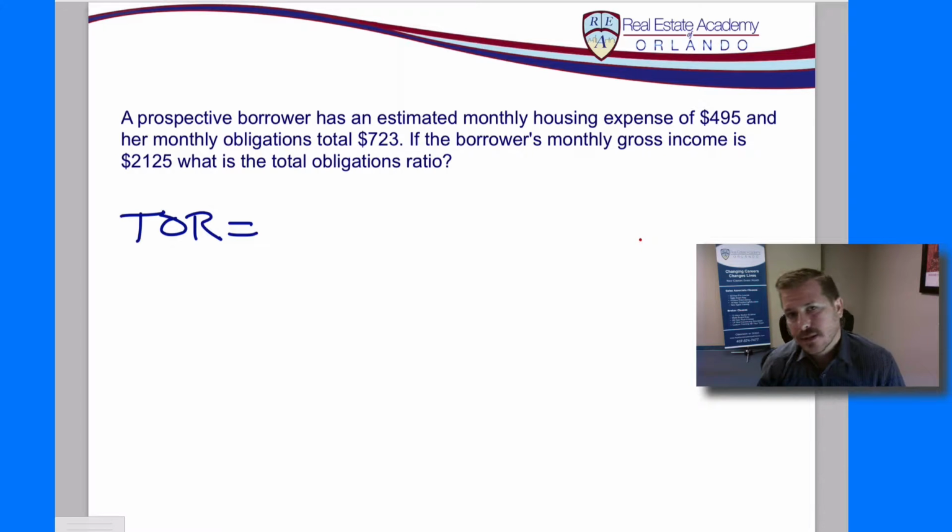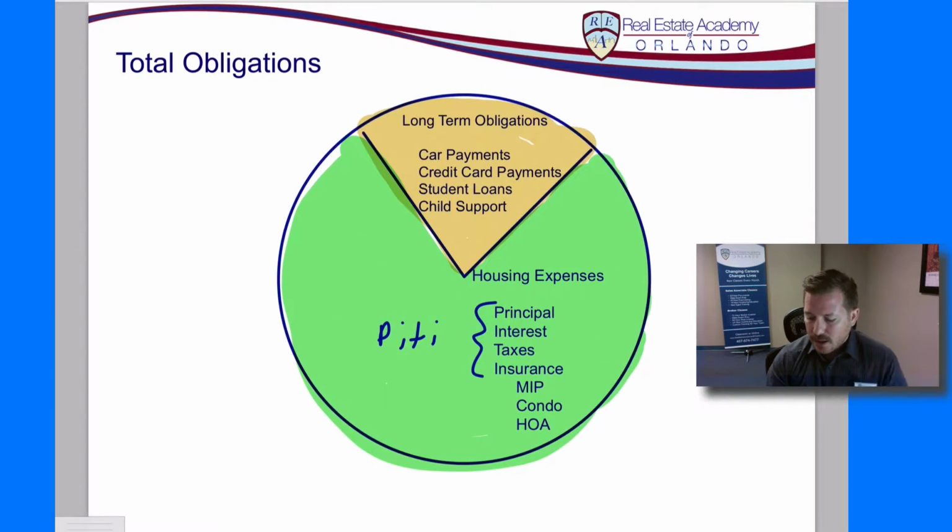The second thing is, let's take a look at what exactly is included in the total obligations. Our total obligations here is this whole piece of the pie. So we've got our housing expenses. This is always going to be principal, interest, taxes, and insurance. At a minimum, that's always included as your housing expenses.